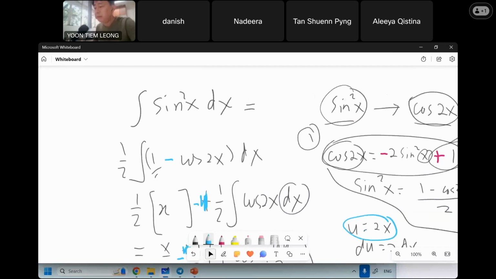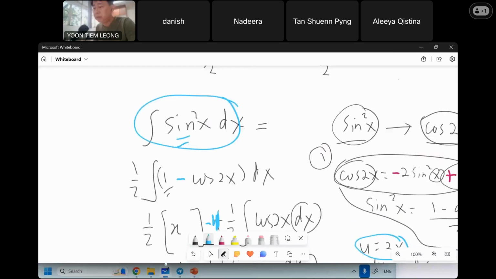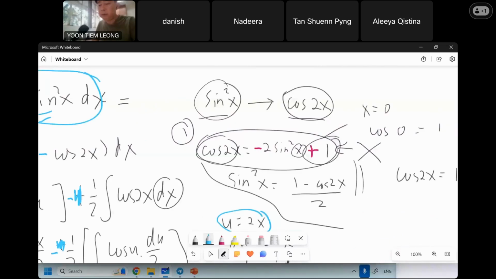After that, the integration becomes easier, involving only cos 2x. The second step is just to use a simple substitution u equals 2x to proceed with the calculation. So that is the very simple integration of sine square x.